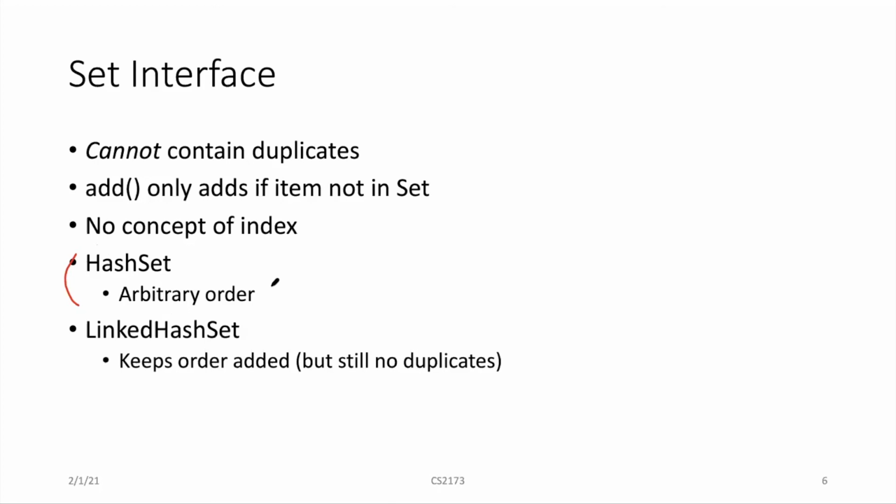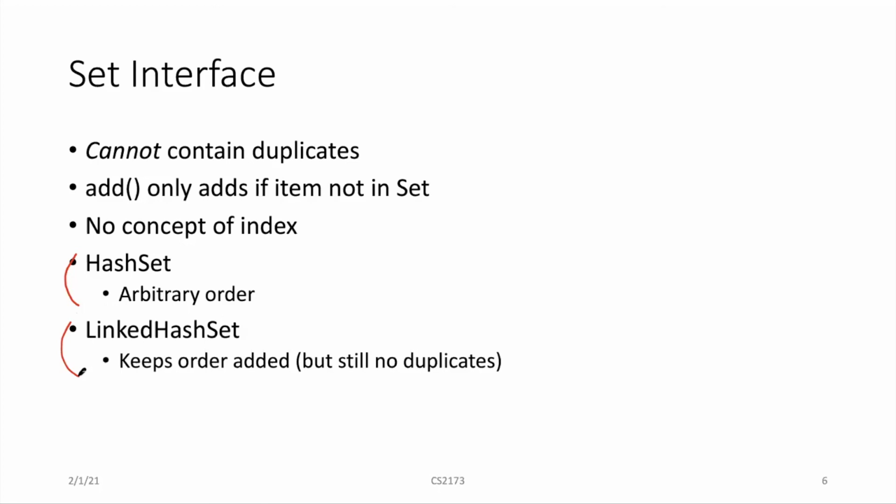Because of this thing called a hashing function, which you don't have to worry about. In the old days, we had to write our own hashing function, which was a real pain. It has to do with the efficiency with which hash sets work. The linked hash set will keep your items in the order that you've added them, but there are still no duplicates.